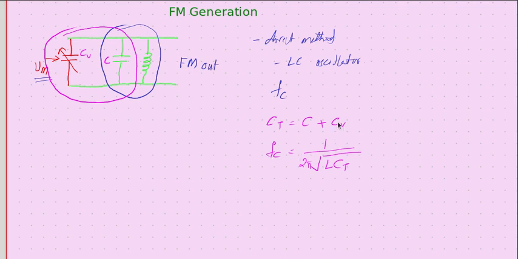So Cv varies if Vm varies, and if Cv varies, Ct varies, and if Ct varies, then the carrier frequency generated varies. So in all, we can ensure that the frequency of oscillation of this tank circuit is under control of our modulating input.